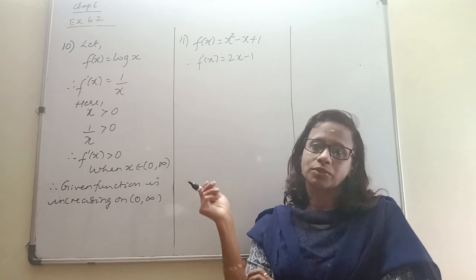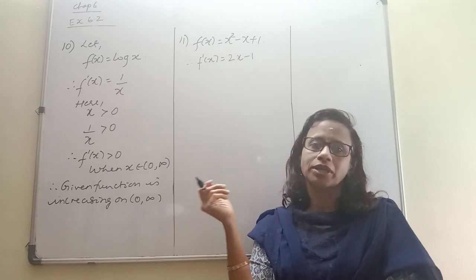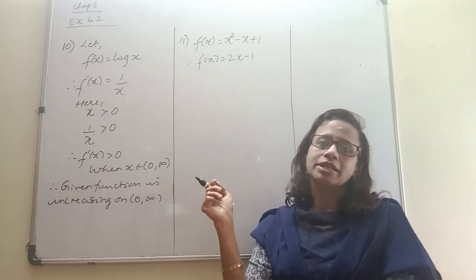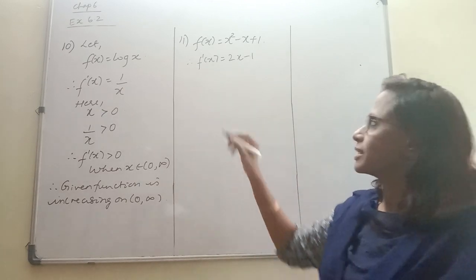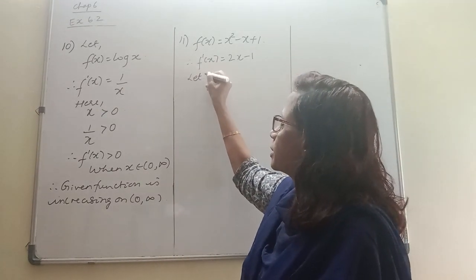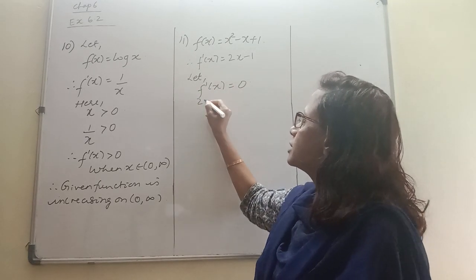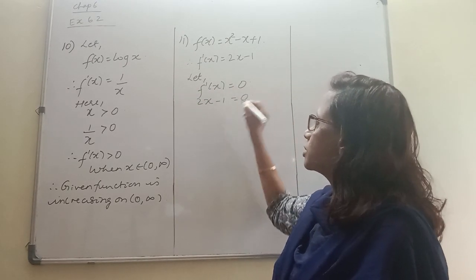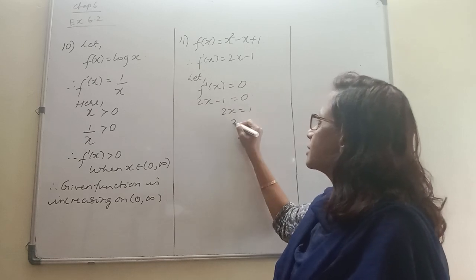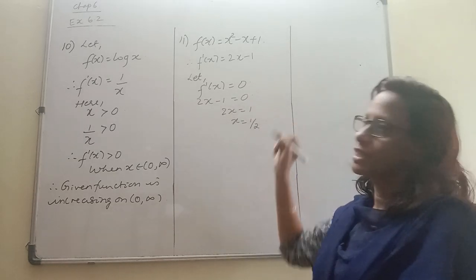Basically the answer lies over here. Though they have not asked for the critical point, we'll look at it to understand why this problem is behaving like this. If this is 0, then 2x minus 1 is 0, so 2x is 1 and x is half. So half is the critical point.